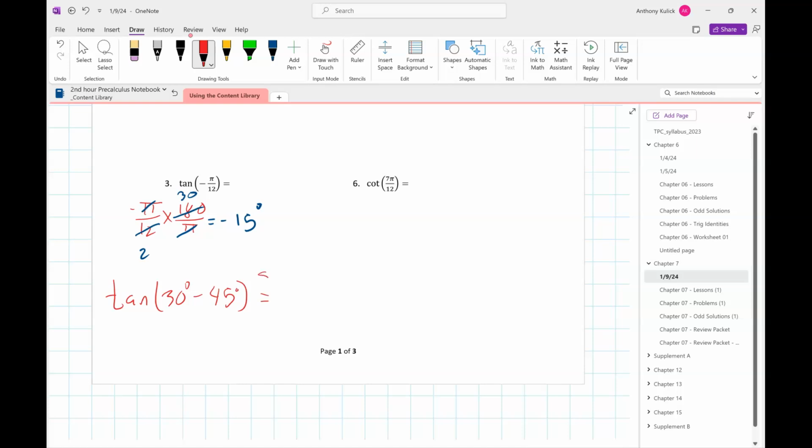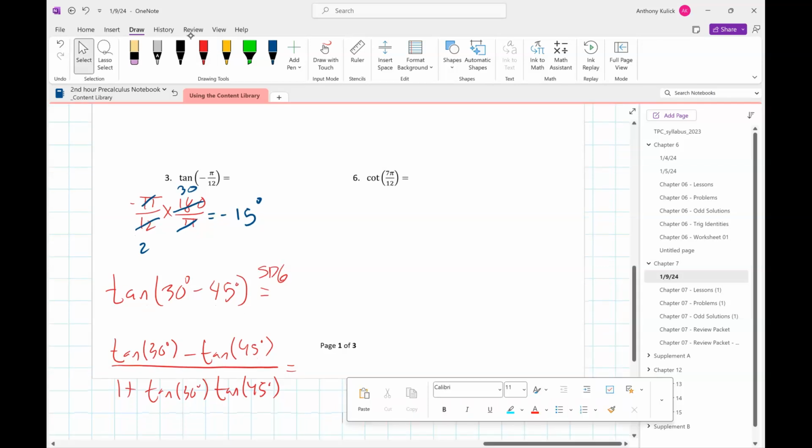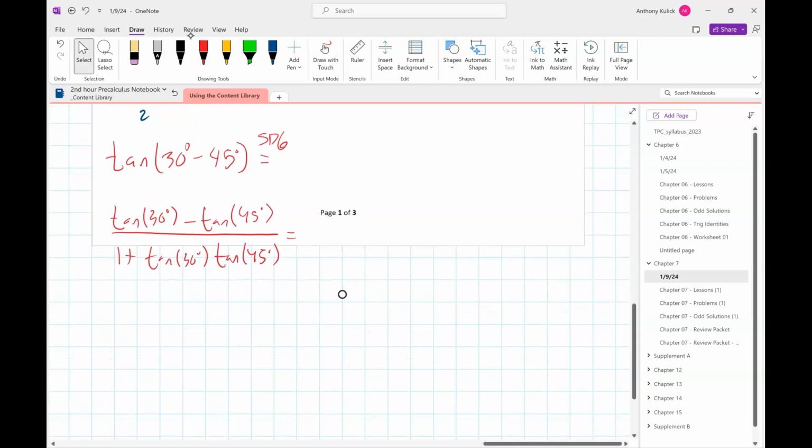I'm going to then use SD6, which is the one that kind of governs what's going on there. So that's going to be tan of 30 minus tan of 45 over 1 plus tan 30 times tan 45. I'll go to my unit circle and look up the values for tan 30 and tan 45. Remember, tangent is y over x.